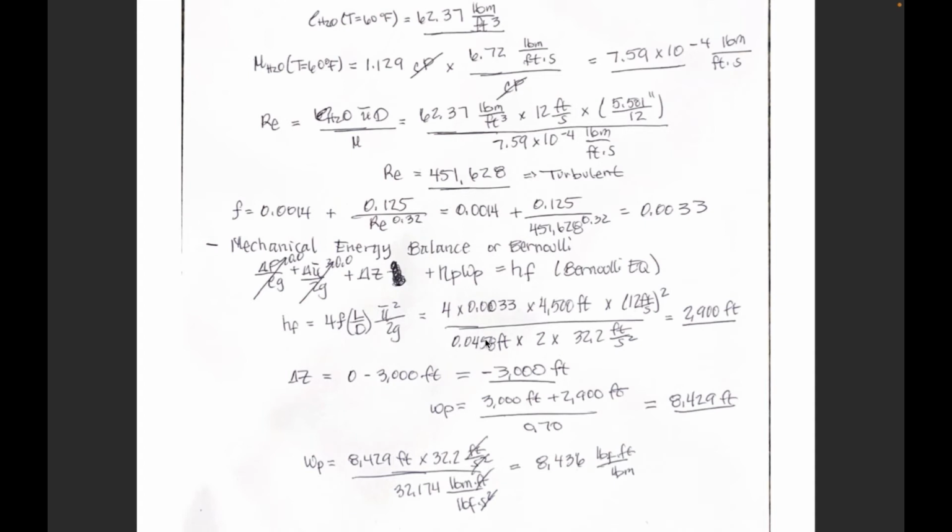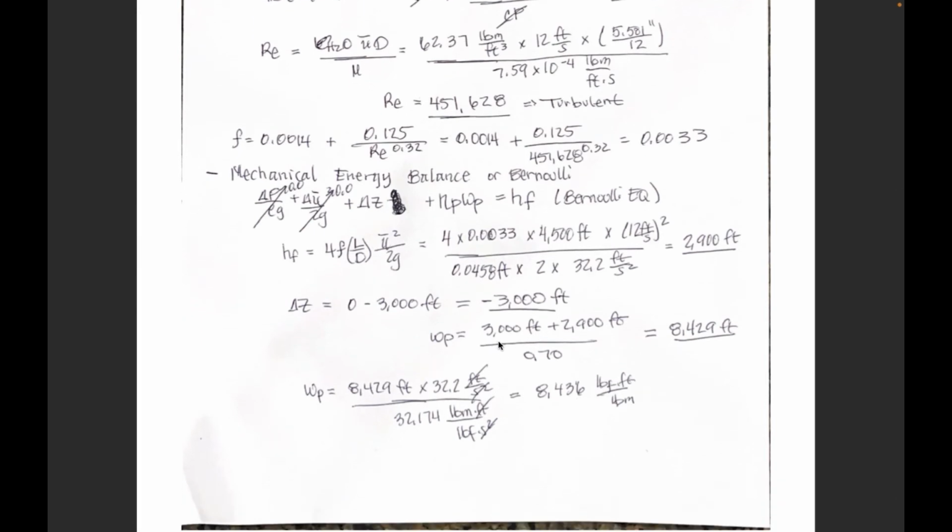We did all that, so you can cross out the units. We get 2,900 feet. And that's why I like using the head form, because 0 minus 3,000 feet is negative 3,000.